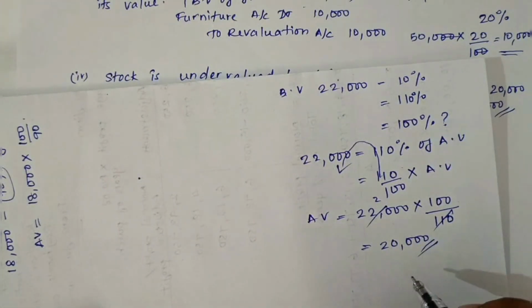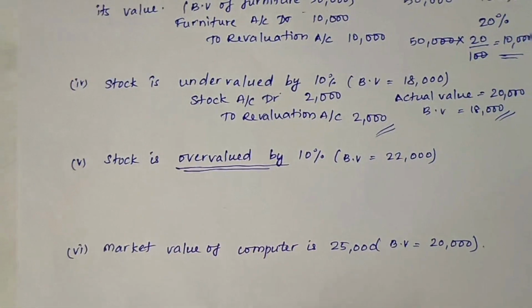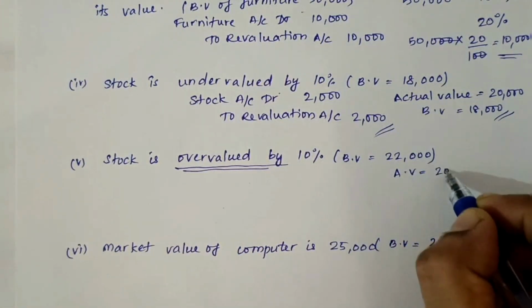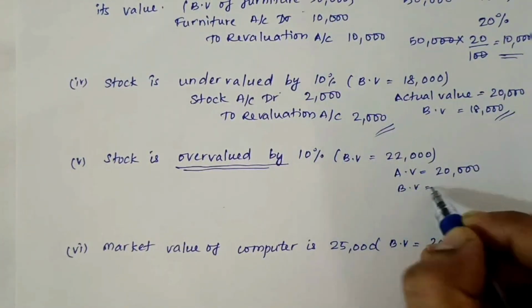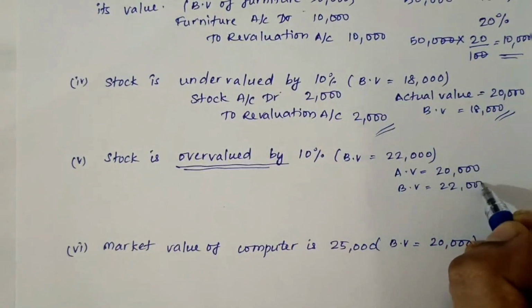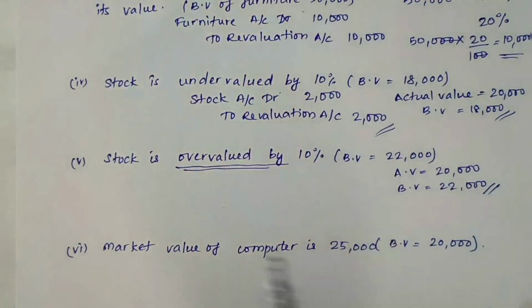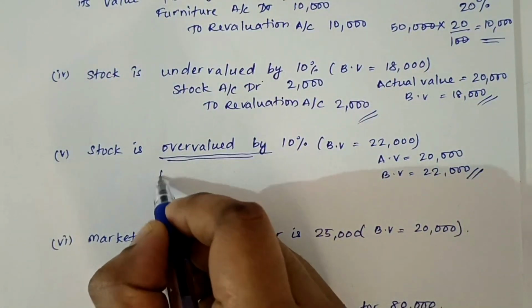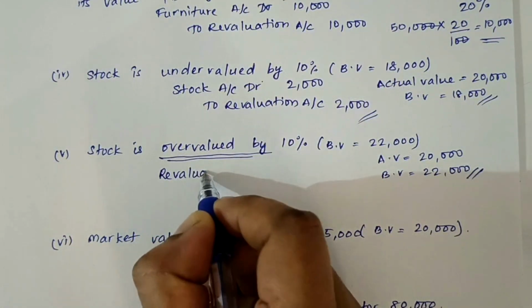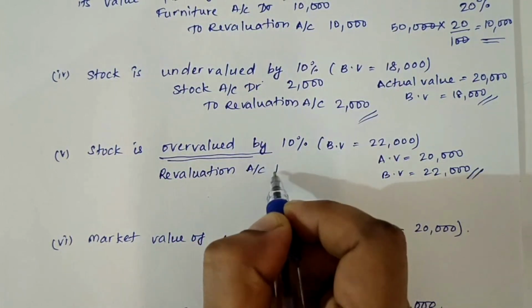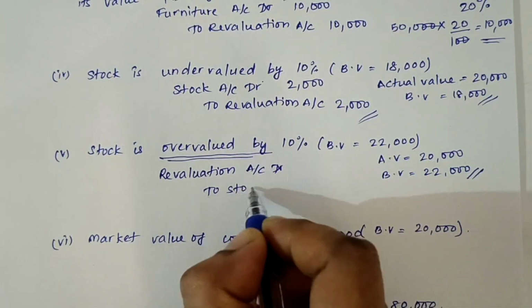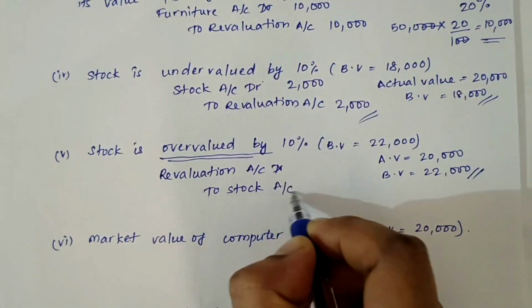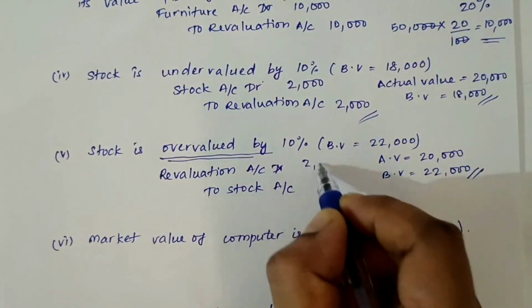The actual value is 20,000 and what is written in the books is 22,000. It is overvalued by 10%. The book value is 22,000, which is 2,000 more. There is a decrease in the value of stock, which means a decrease in the value of asset. So the journal entry will be revaluation account debit to stock account credit. A decrease in the value of asset is credited. The amount is 2,000.